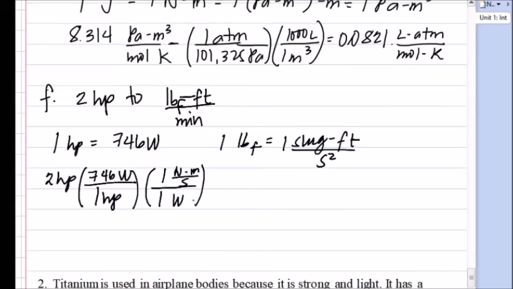Kaya may problema tayo kasi yung Newton dito. Ngayon, pwede natin gawin, guys, yung Newton, gagawin natin siyang kilogram. 1 Newton, magiging 1 kilogram meter per second squared. Okay? Isa-isahin na natin yung mga kailangan i-convert.